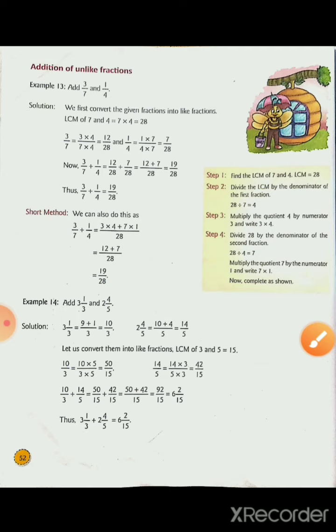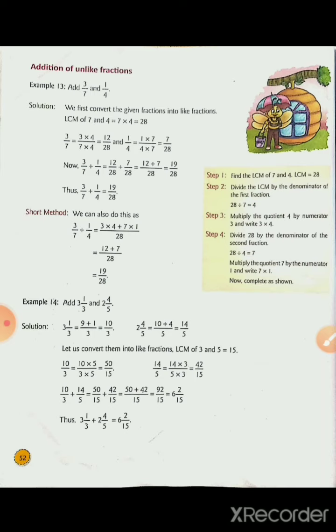Okay students. First we have to find the LCM. Then we can convert into like fractions and add, or another method is to divide the LCM by the denominator of the first fraction, then multiply the quotient with the numerator of the first fraction. Then we give the addition sign.